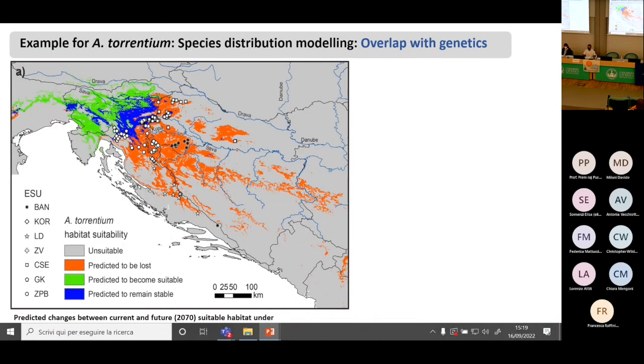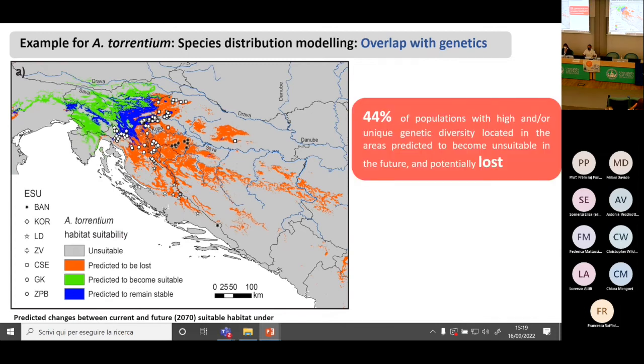We did a similar thing for the stone crayfish. And again, as you can see from this map, different symbols present different evolutionary significant units, and the orange background presents habitats that are predicted to be lost again in 2070 under that pessimistic scenario.